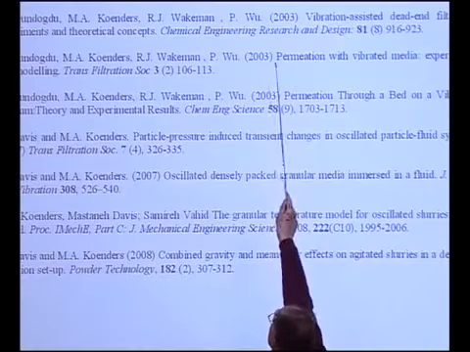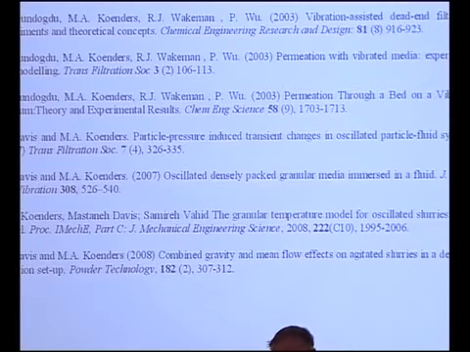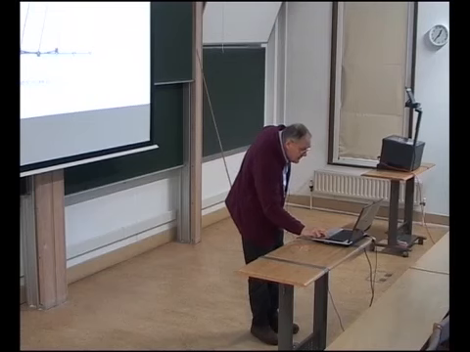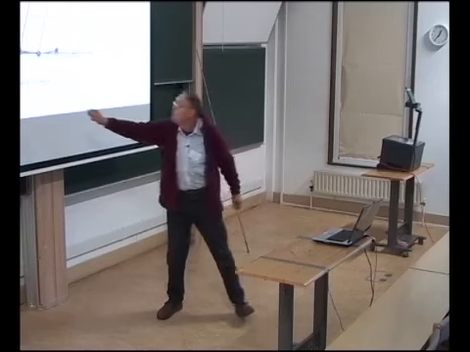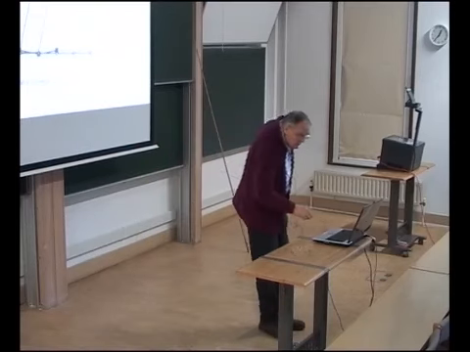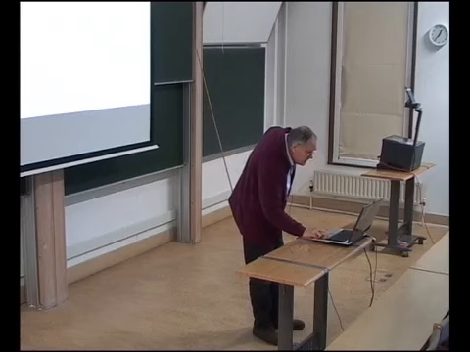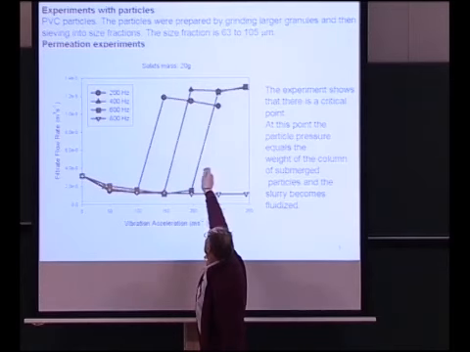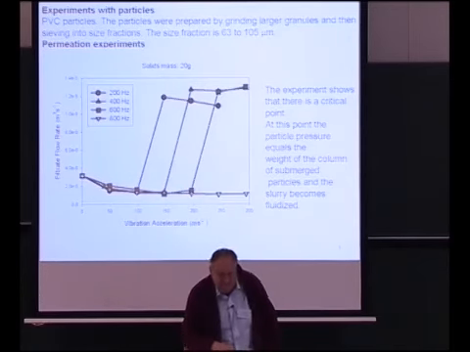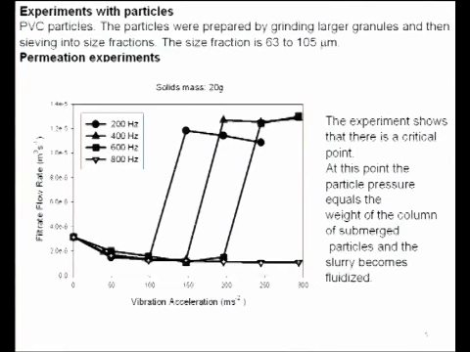I'm not going to talk about this critical point. We have theory about it and we've written about it. In these papers we can get that critical point back quite easily by looking at waves through a solid fluid medium where there are enduring contacts, and that critical point depends on the frequency as the square root of the frequency.